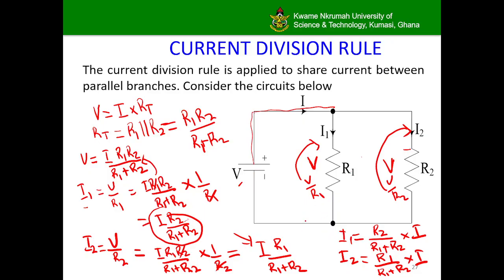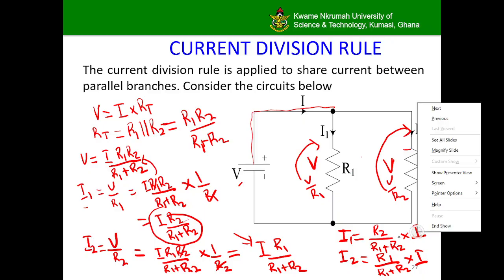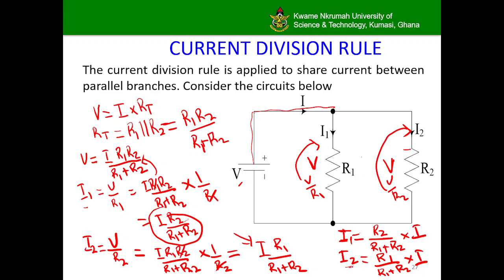Now, looking at this carefully, we can see that the value for current I1 is simply the other resistor that it shares the current with, which is R2, over the sum of their resistor values, times the current they are sharing. Same applies to I2.